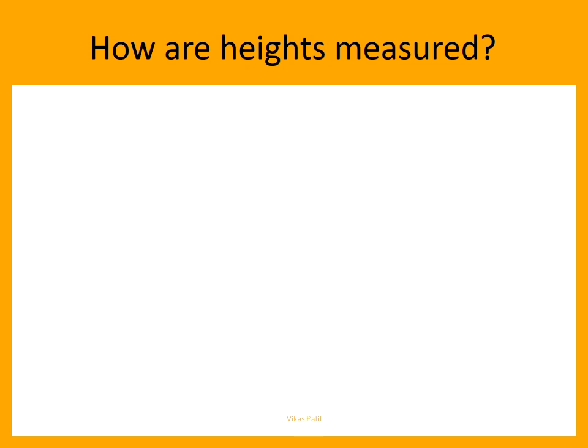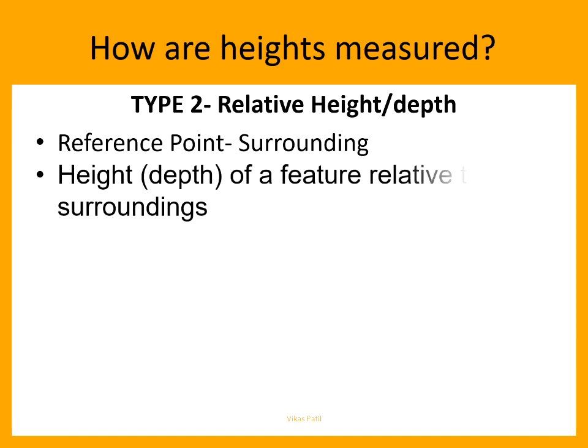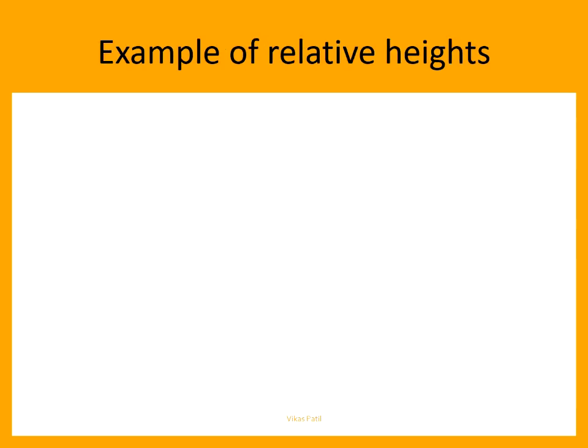Now the second way in which heights are measured and represented on the topographical maps is relative height or relative depth. Now here the reference point is not mean sea level but the surrounding land. So the height or depth of any feature is represented relative to the surroundings, and it is shown using a symbol R. Let's look at examples of relative heights.